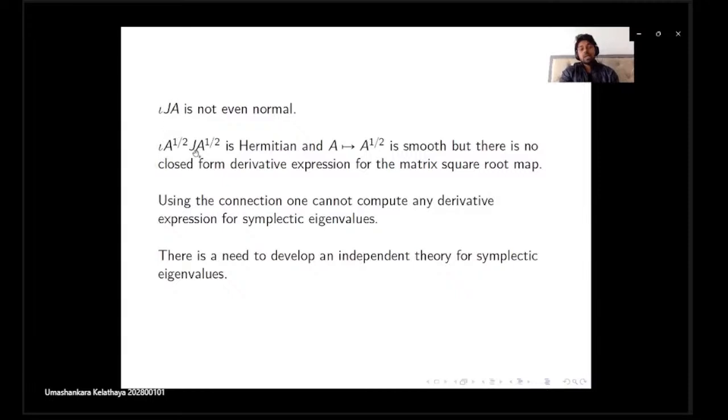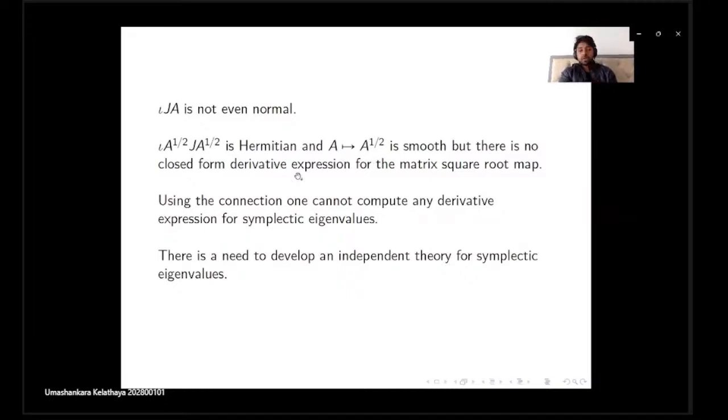If you treat symplectic eigenvalues as eigenvalues of this Hermitian matrix, this approach also doesn't work because as far as differentiability is concerned, when we go for computing derivative expressions for symplectic eigenvalues using this connection, we would inevitably have to encounter differentiation of the matrix square root map, but there is no closed form derivative expression for this map.